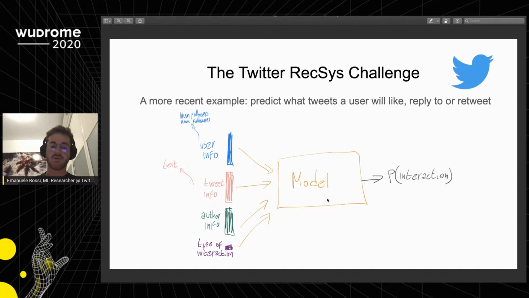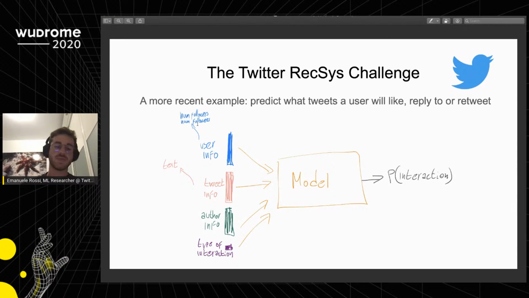So if we think about this in terms of a model, the input would consist of user information. For instance, how many followers the user has, how many people the user follows, and other similar information. We also have information about the tweet itself, for instance the text of the tweet. We also have information about the author of the tweet, since this can be seen as part of the tweet itself.